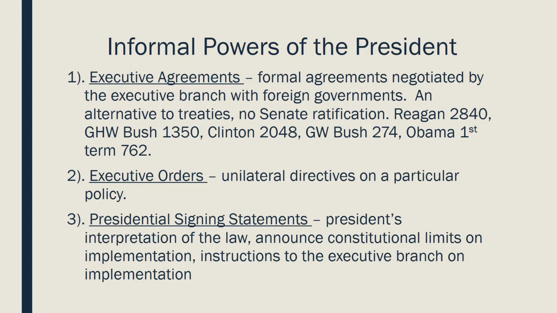And so then the signing statements boil down to, once again, the interpretation and the instructions to the executive branch on carrying out the laws that may not be precisely reflective of the letter of the law.